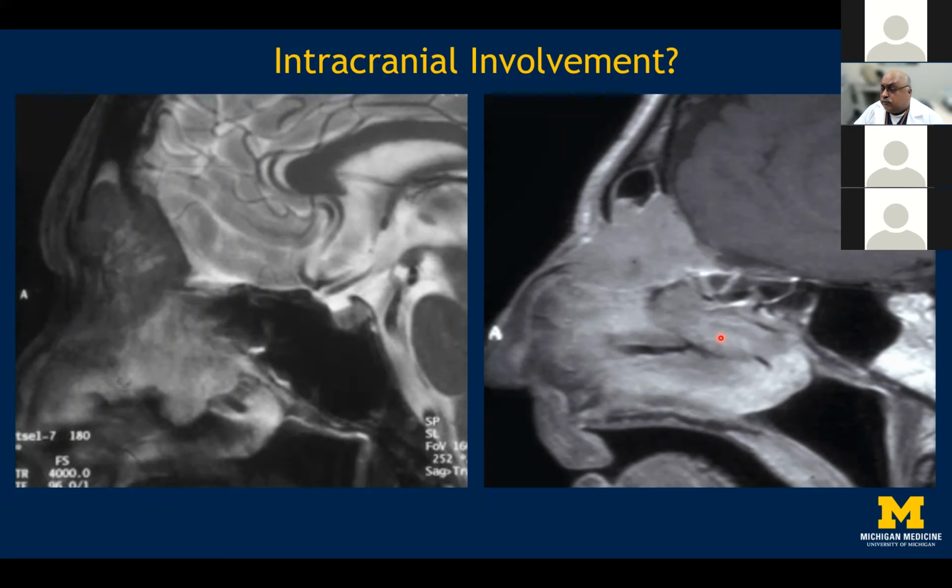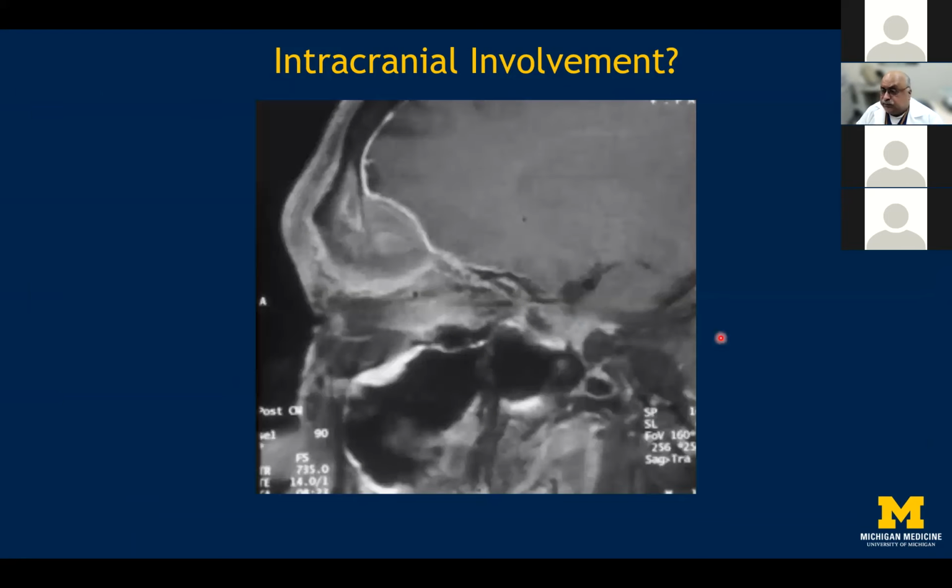So multiplanar evaluation of the post-contrast fat-sat T1 weighted images becomes a little more important. Here is a clear-cut involvement of the dural reflections in a patient who had previously been operated for ethmoid sinus carcinoma.